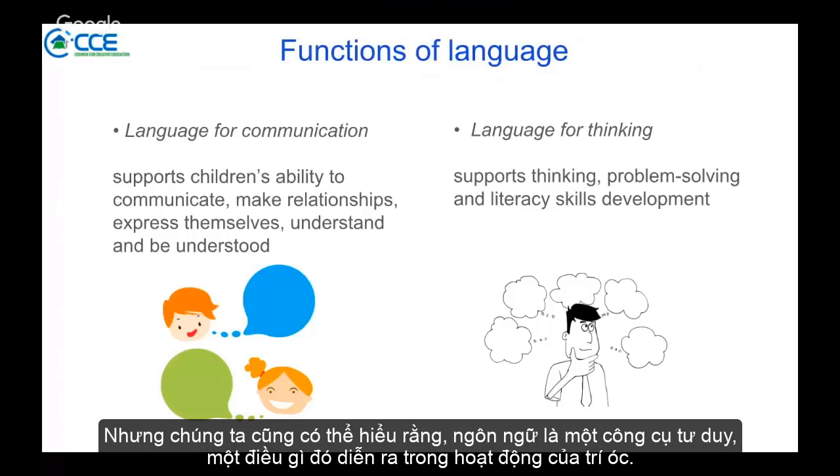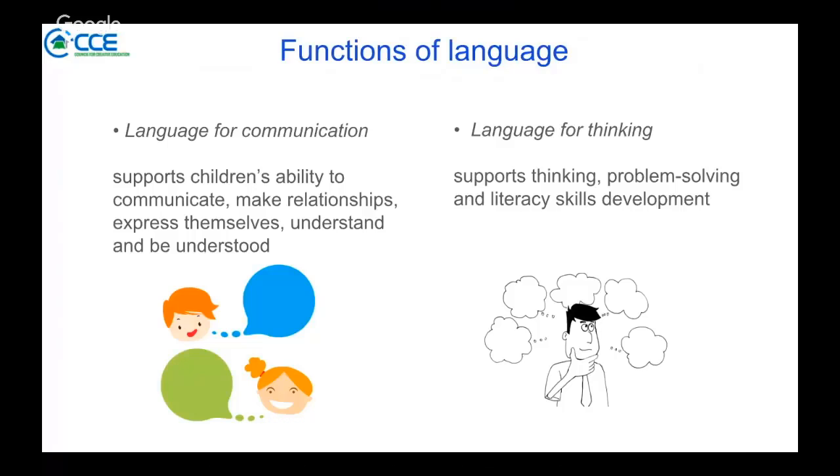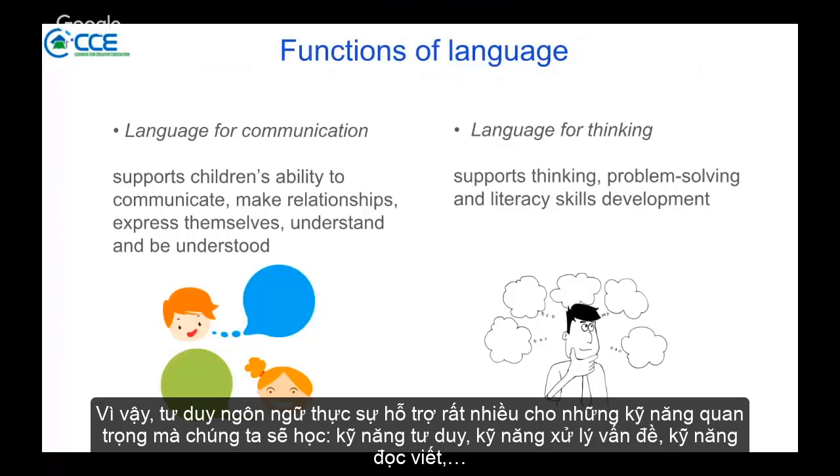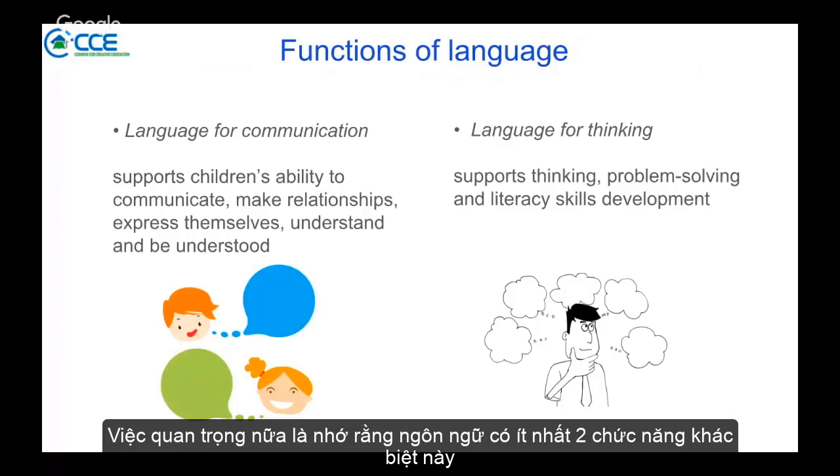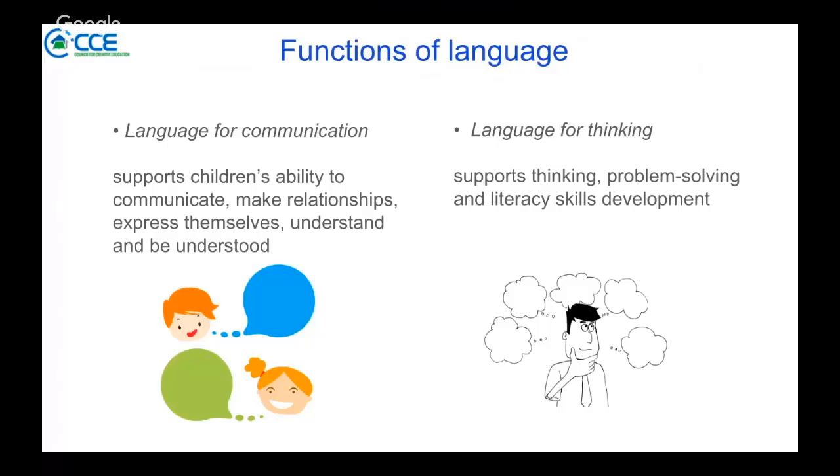But also, we could think of language as a tool for thinking, something that happens as a mental process. So language for thinking actually supports the important skills we learn with time. Skill of thinking, skill of problem solving, literacy skills. So this is also important to keep in mind that language has at least these two distinct functions.